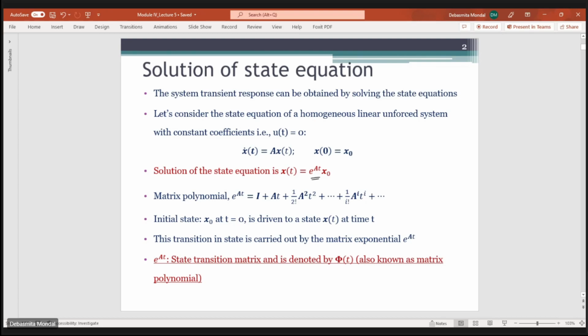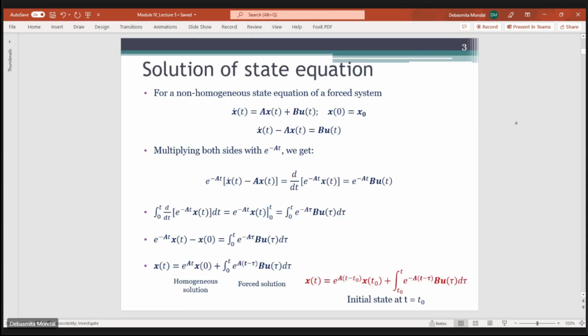The input can be in different forms, such as a step input or a ramp input, depending on your system. So now if you write the state equation for a forced system, the non-homogeneous state equation, it will be given by the standard equation x dot equals A x plus B u, and the initial condition at time t equals 0 is x0.